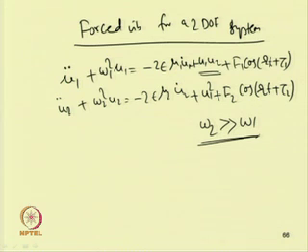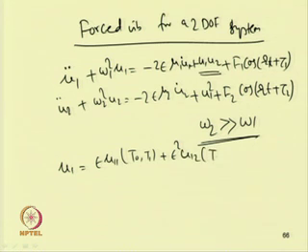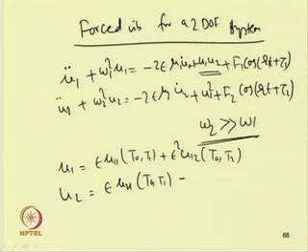Similar to the single degree of freedom system, here one can consider U 1 equal to epsilon U 1 1 T 0 T 1 plus epsilon square U 1 2 T 0 T 2 and U 2 equal to epsilon U 2 1 T 0 T 1 plus epsilon square U 2 2 T 0 T 2, and proceed for different resonance conditions.